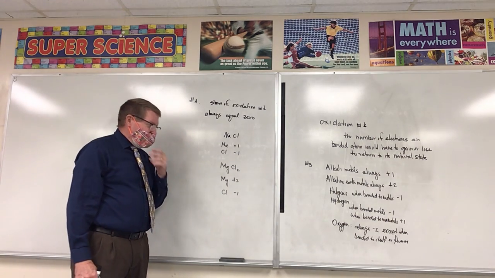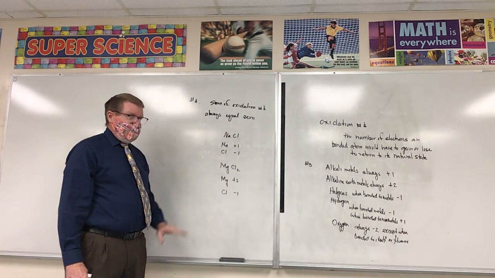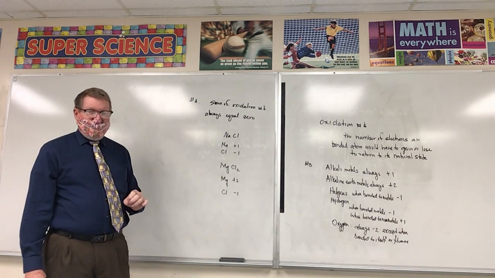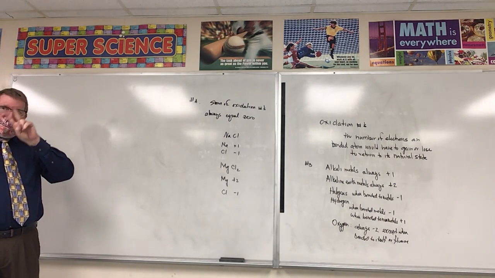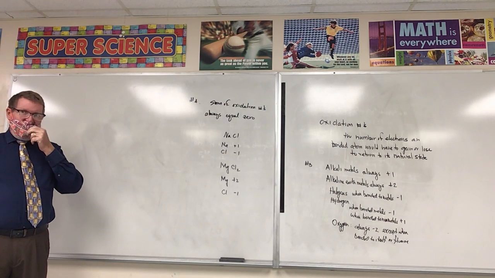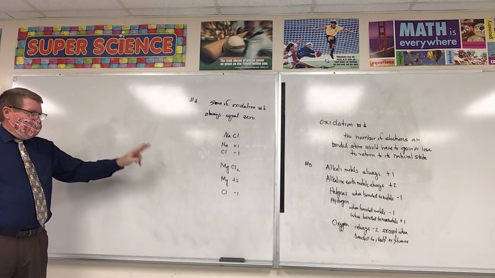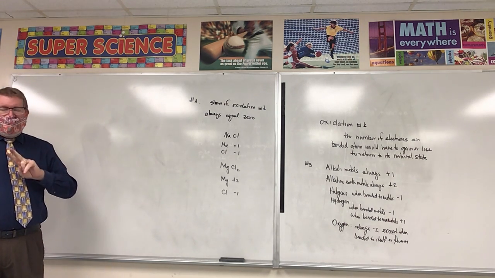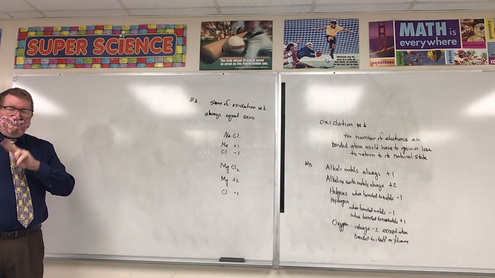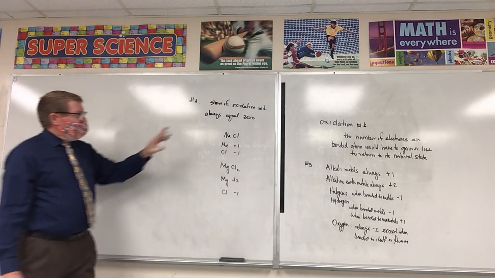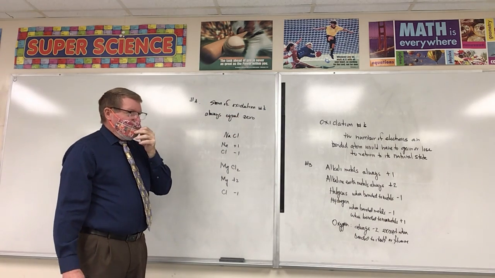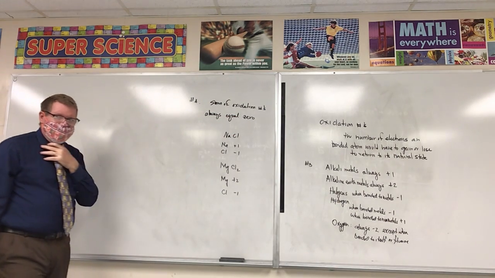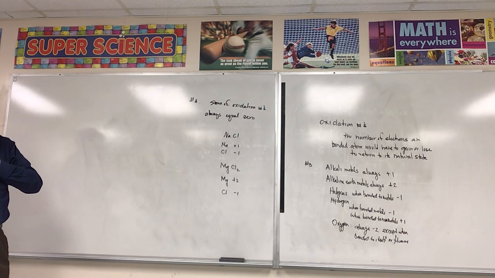The common mistake is saying Cl's oxidation number is -2. No, that's incorrect. Cl has an oxidation number of -1, but you do have 2 of them for a sum of -2. When you add to magnesium, it is a +2 equals 0. The sum of oxidation numbers always equals 0 if it's a neutral atom or neutral compound.